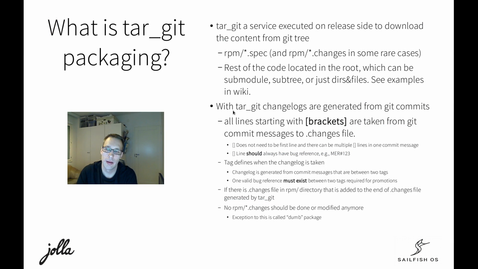Then the other thing regarding target is that the changelogs are generated from the Git commits. Basically all lines in the Git commits that start with brackets are taken from the Git commit messages to the changes file when the target service is executed and generating the changes file.